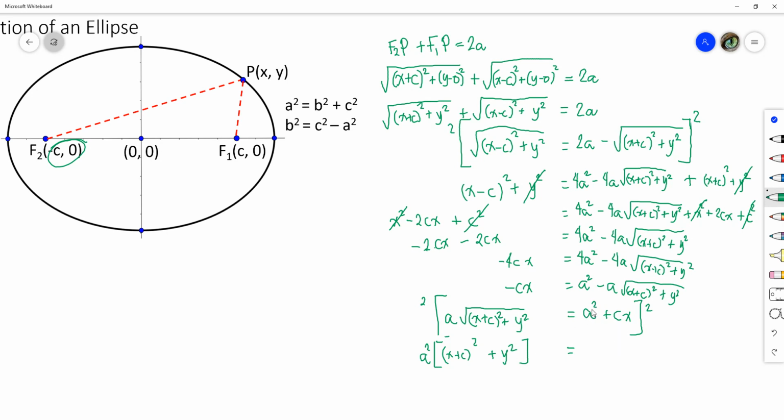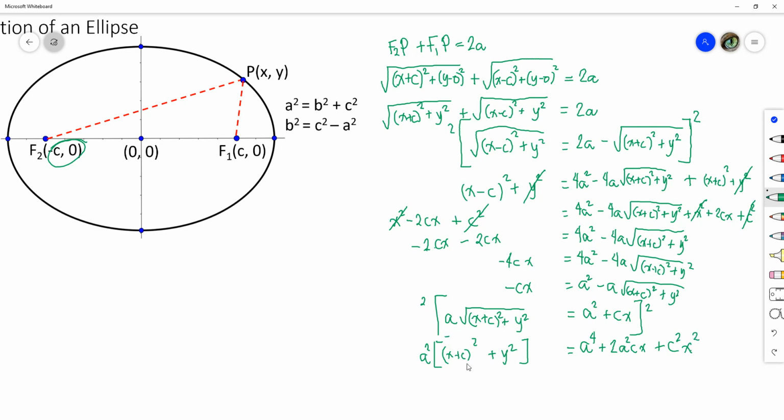So a squared raised to the power of 2, then we have a to the 4th power plus we are going to multiply this 2 by 2. So you have 2a squared cx plus, we are going to square this one. You have c squared x squared.